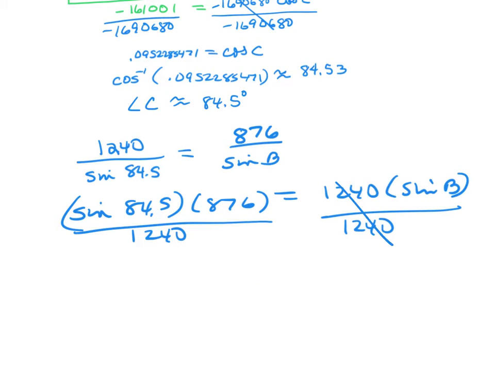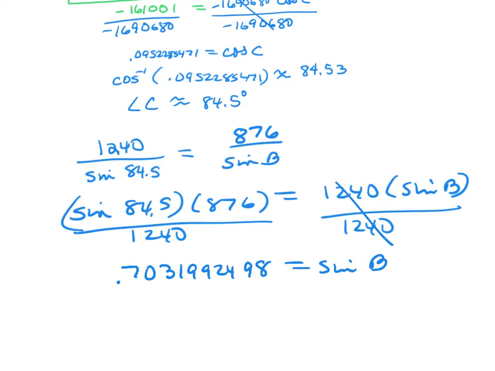I don't want inverse yet, so sine 84.5 times 876 divided by 1240 gives me 0.703199249 equals the sine of B.